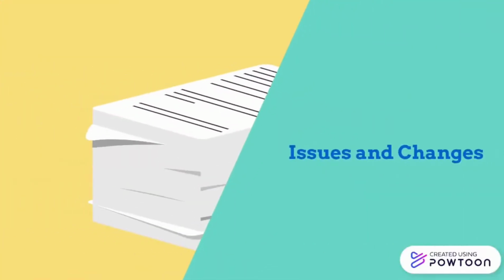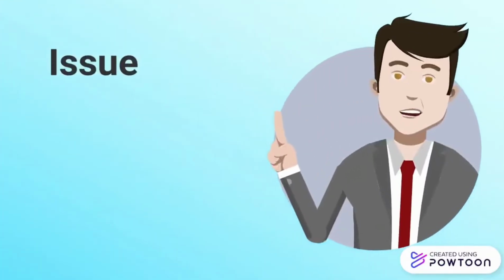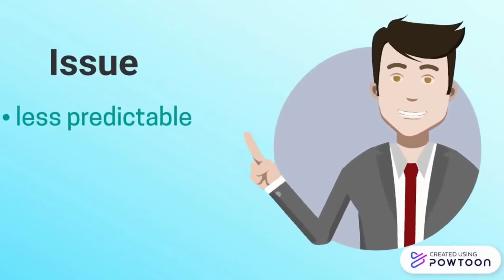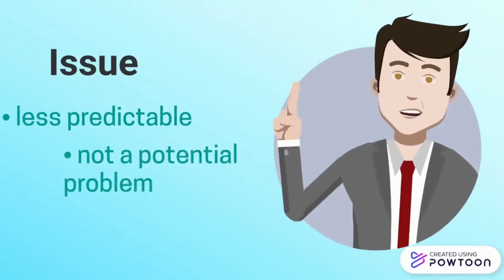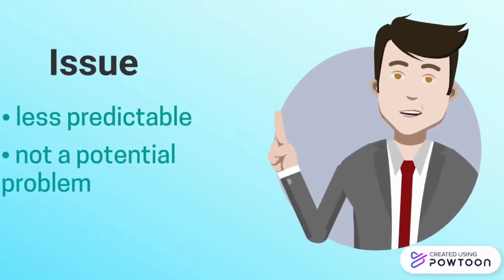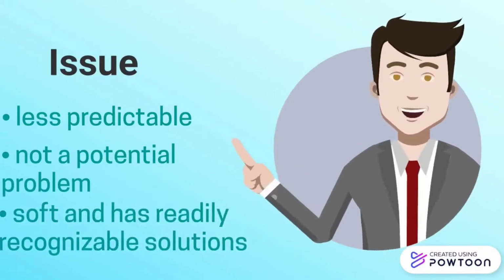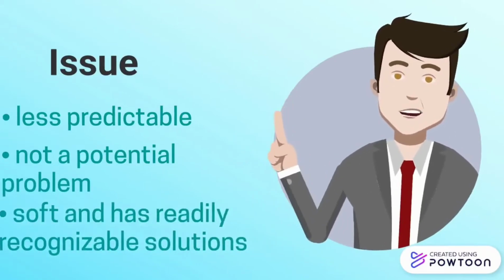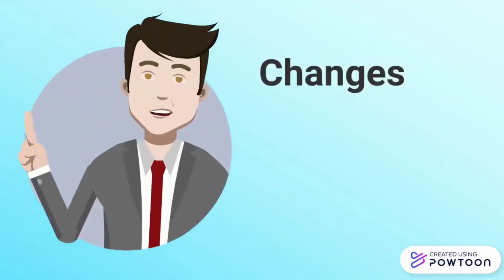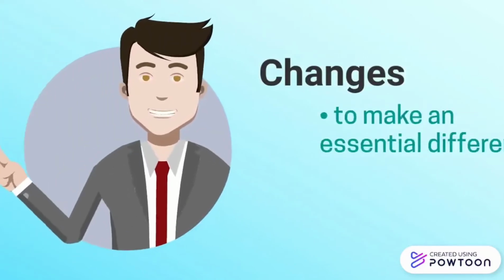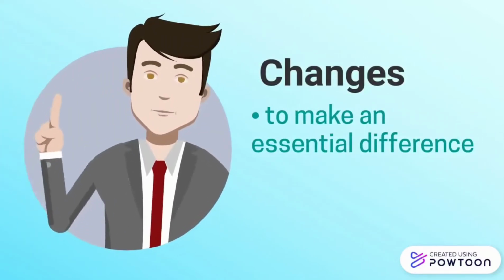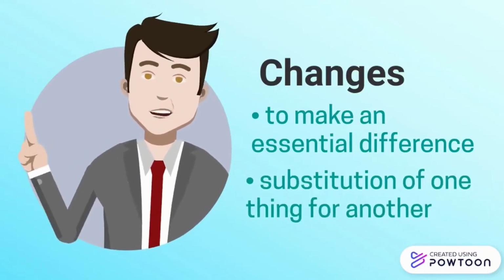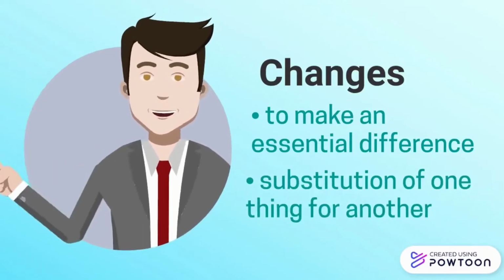To start, let's define issues and changes. An issue tends to be less predictable, and unlike risk, it is not a potential problem. An issue is often perceived as soft and has a readily recognizable solution. And change, in layman's terms, is to make either an essential difference or a substitution of one thing for another.